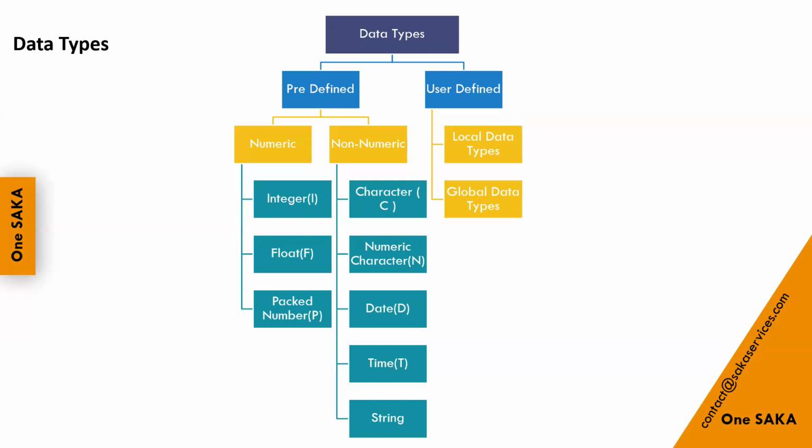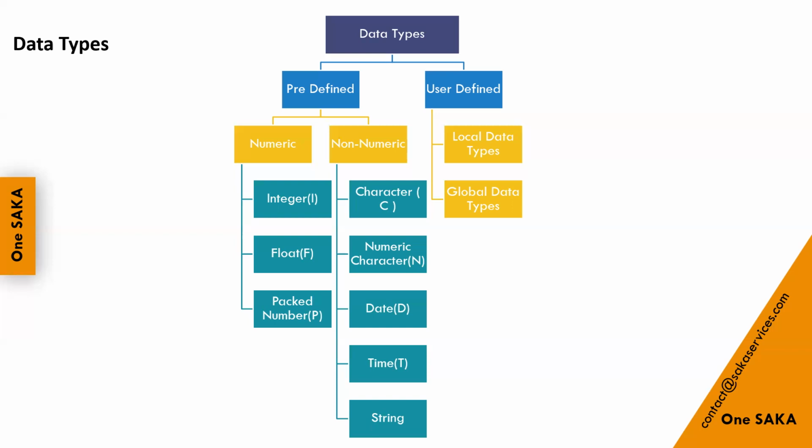If you are writing any program for any amount with some currencies, it is better to take decimal because there will be decimal point values. And if you deal with any program that needs date or time, you use the appropriate data type, date and time.